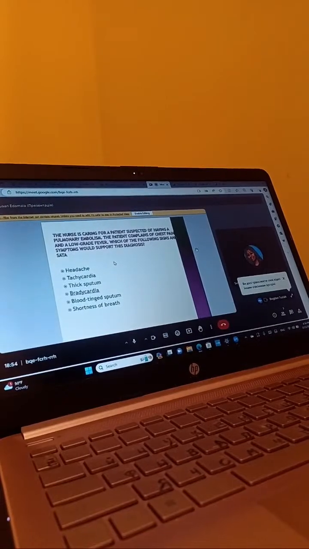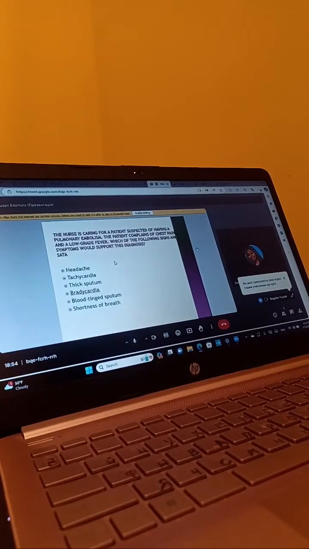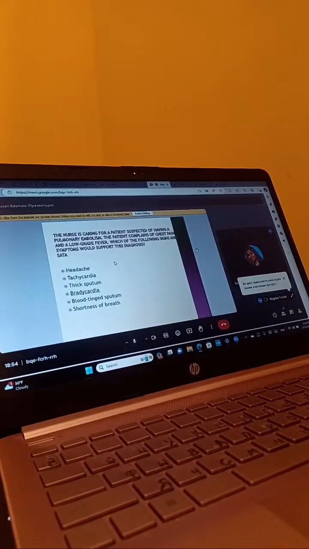Thick sputum, no. Bradycardia, no. Blood tinged sputum. Tinged means like a slight blood color in the sputum. Yes. And then shortness of breath. Yes.